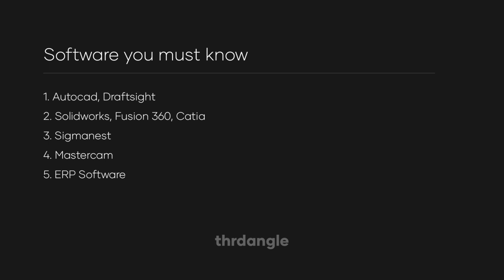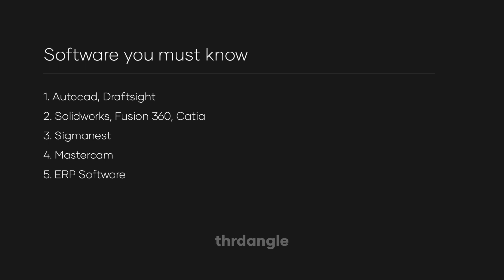The second thing is SolidWorks or any 3D software, which includes Fusion 360, CATIA V5, etc. The third is for nesting, so we can use Sigma Nest, or there are so many other softwares available from the machine manufacturers. If you have, let's say, a laser cutting machine or plasma, then that specific brand makes the software for their own machines.